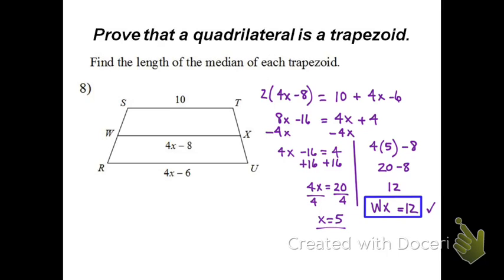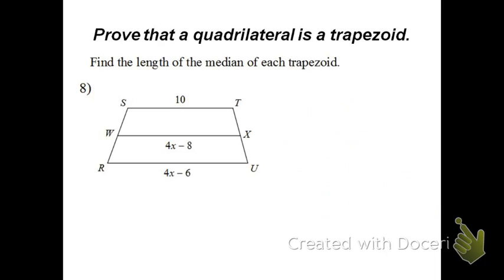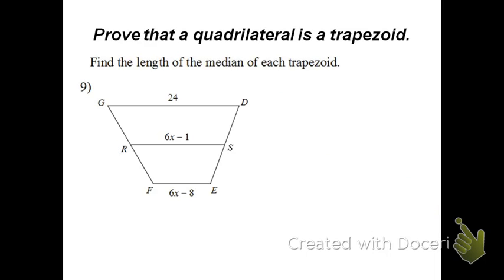Alright, I think we have just one more example for this lesson. Last one, let's check it out. We're going to change it up this time? I don't think so. Okay, let's set it up so we have double the mid segment. 6x minus 1.